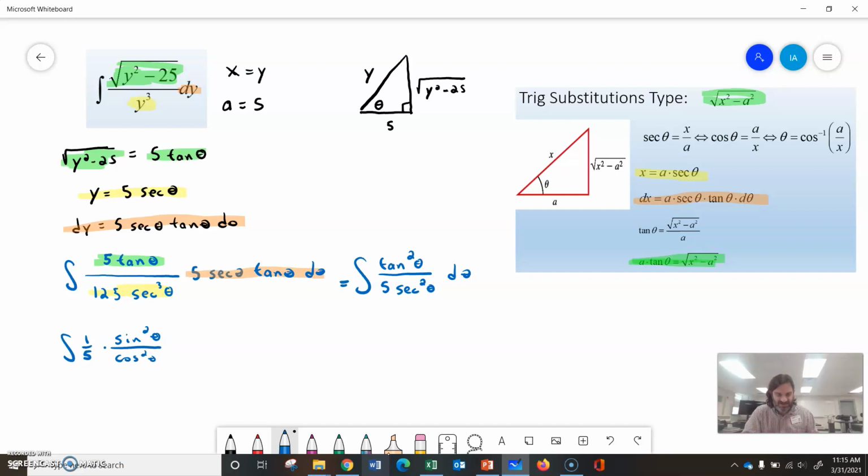And then secant squared on the bottom. Secant's the same thing as 1 over cosine, so it'll be 1 over cosine squared. There's possibly different approaches to this, but in that case, those cosine squareds cancel out, and what we're left to integrate here is 1/5 sine squared theta d theta.